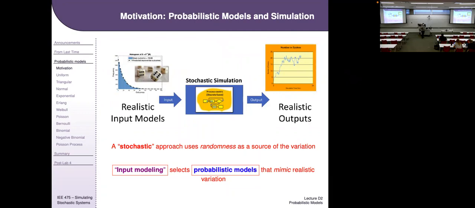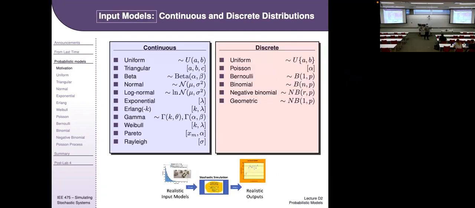Now, there are a few fundamental models over your career. If you do a lot of stochastic modeling and simulation, these will be your go-to models. On the continuous side, it's this list. On the discrete side, it's this list. Based on your field, you might go into some others, but these will be the first ones that pop into your mind. Over your career, you build up familiarity with all of these.